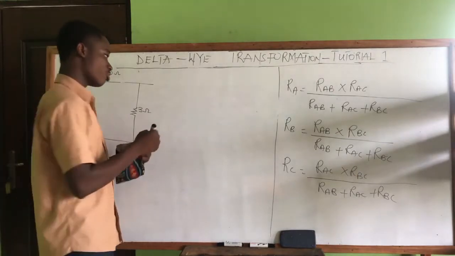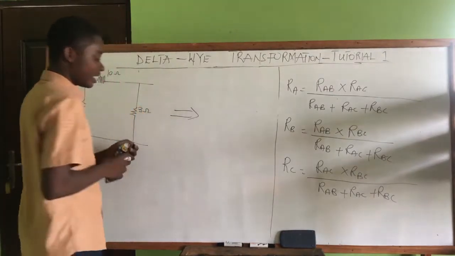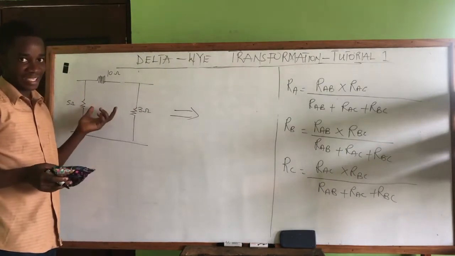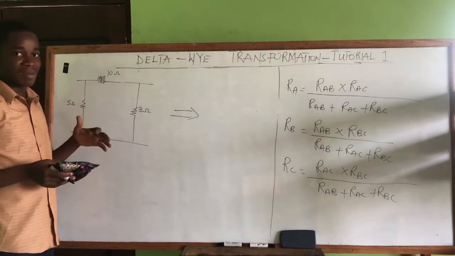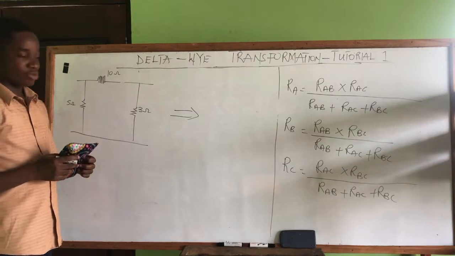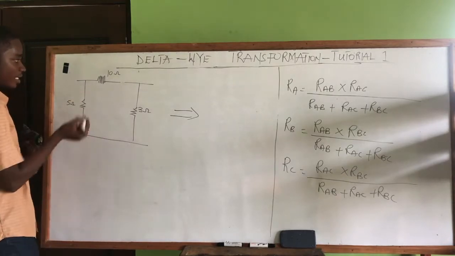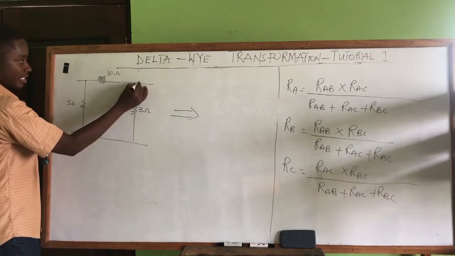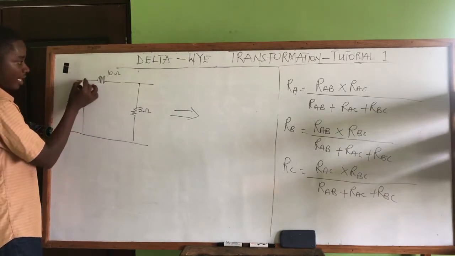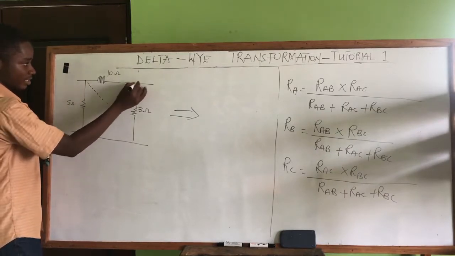Alright. So in doing so, this shape is in the pi form. But as I said, the pi is the same as the delta. So let's draw our Y in this one. We have this junction here, so we can draw our Y. So our Y looks like this.